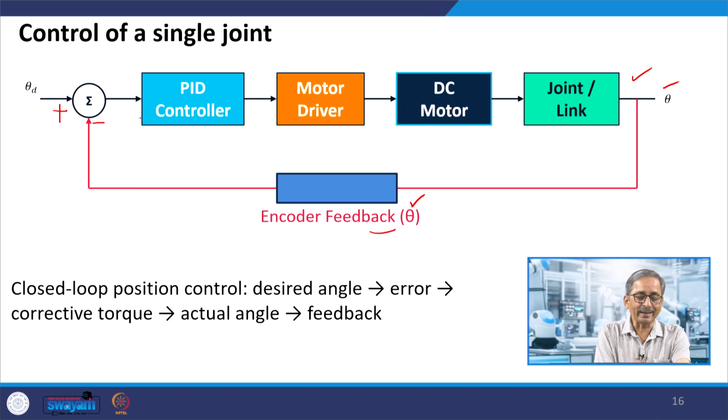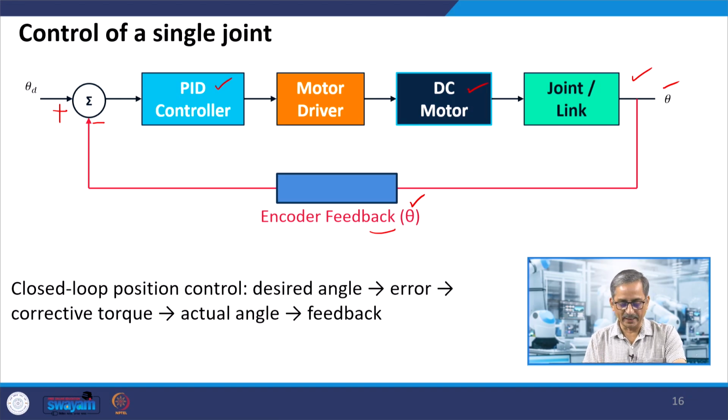So, we get the error here, and this error is supplied to the PID controller, and the PID controller generates the torque, and that is given to the motor driver, and through the motor driver it goes to the DC motor, and this DC motor drives your joint or link. So, this way you have the control of a single joint.